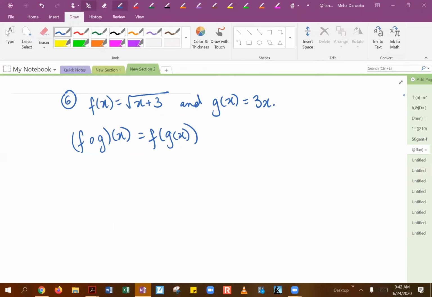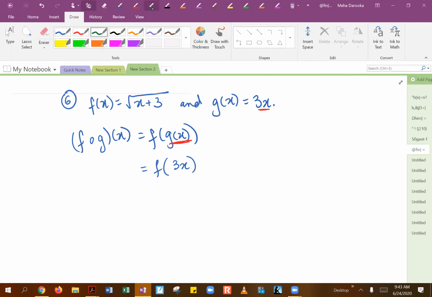So what happens here is you will literally take the g of x function and replace that in the parentheses over here. So we're going to take the 3x and put it inside of our f function. That will end up giving us f on the outside, but instead of g of x, we're going to write 3x over here. Whatever is the inside function, you're going to write that entire function inside.